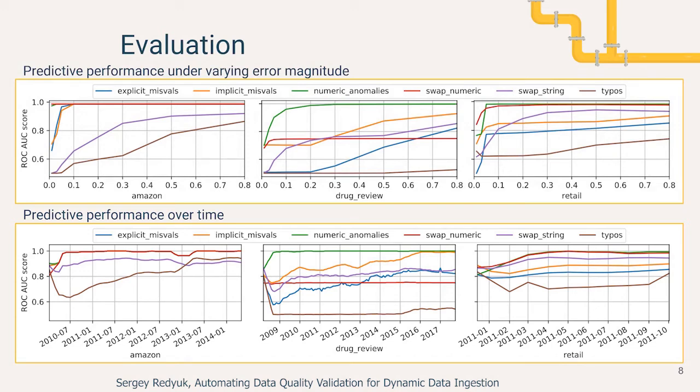We have either similar predictive performance regardless of the fraction of errors, so flat lines, or gradual growth of predictive performance with distinctive, more rapid increase for fractions up to 20%. The figure on the bottom shows that the predictive performance does not improve significantly over time with the growth of the size of the training data, in the majority of cases.